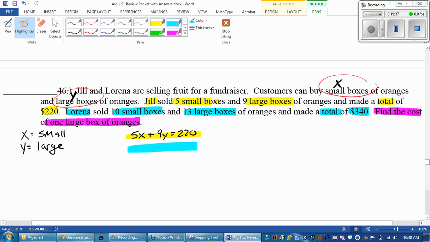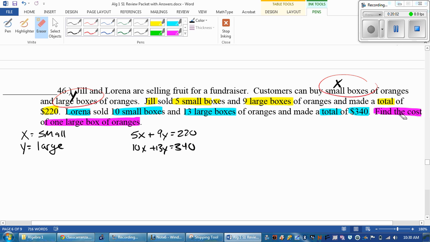Okay, now let's write down our blue equation. So we got 10 small boxes plus 13y total 340. Okay, so that's how we get those. Now, the next thing, I highlighted the question.